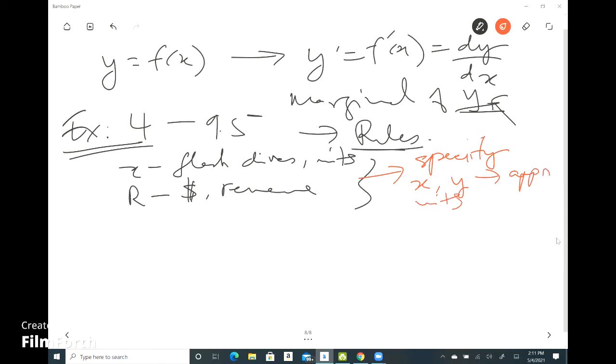Now, for the problem homework that you have, some people do not specify anything. You just jump to the cost and revenue. At least you have to mention what is X, what is Y, and what are the units.